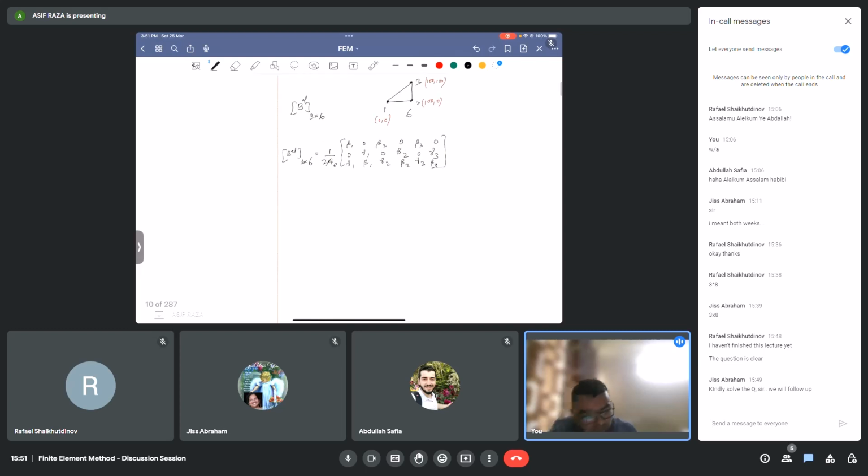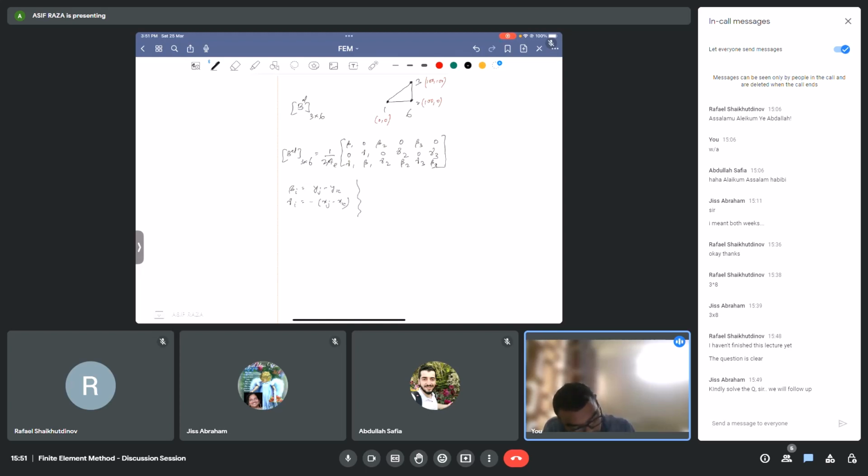And what are these betas? As you saw earlier, beta i is yj minus yk, and gamma i is minus (xj minus xk).